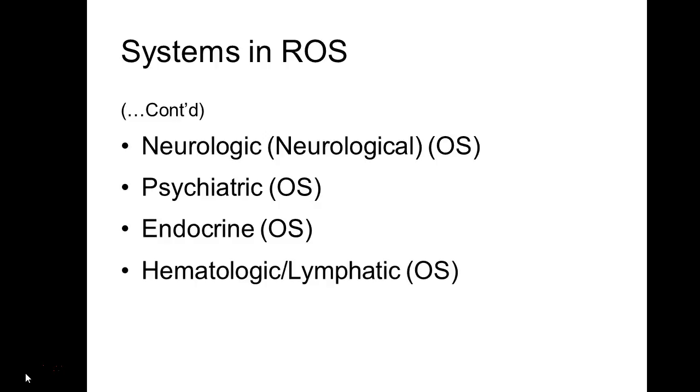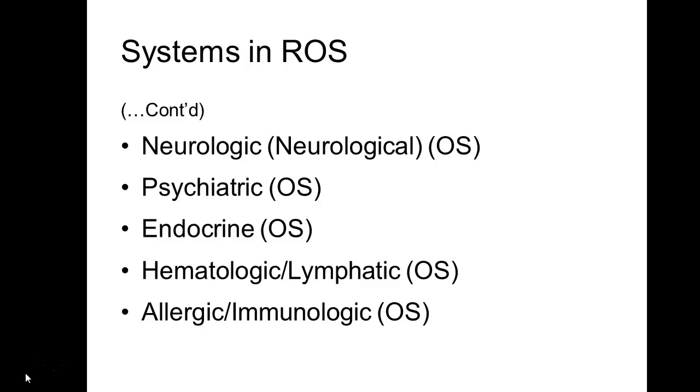Hematologic and lymphatic is a combination of what is inside of our blood and how much. We can have issues with the amounts of different types of blood cells, and the lymphatic system, which, remember, runs parallel to the blood system and has those connections where the two of them meet up in places like the liver and the lymph nodes. We also have the allergic and immunologic, which is our immune response to different allergies and allergens.